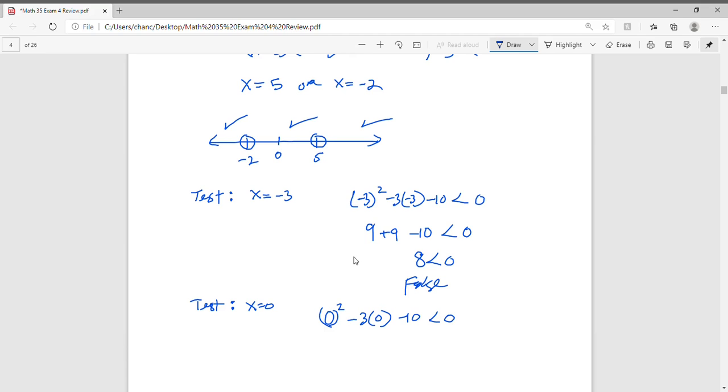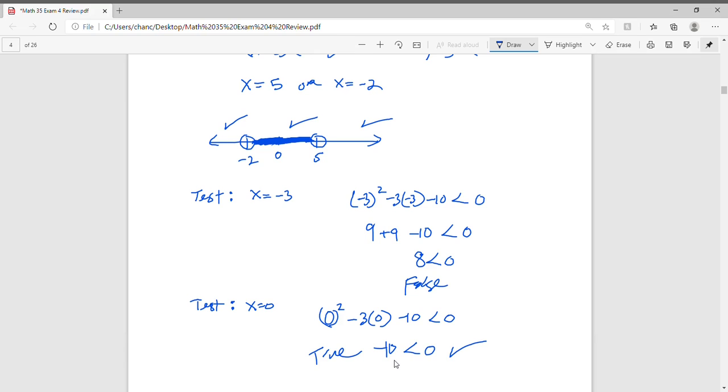Is that less than 0? And this is clearly true. We have negative 10 is clearly less than 0. This is true. That means I could shade between negative 2 and 5. This produces a value that is less than 0, and that's what we want.